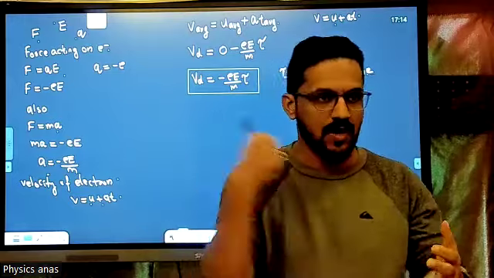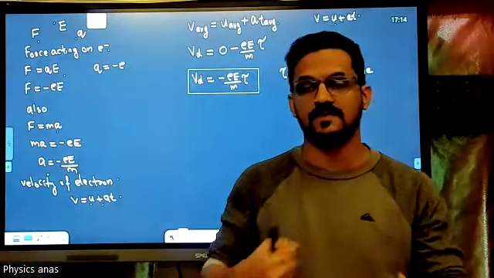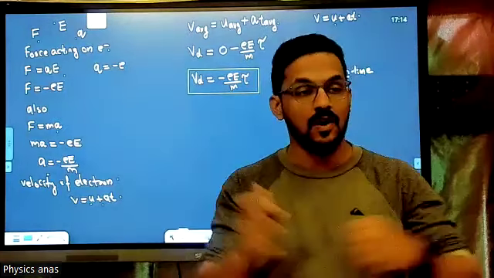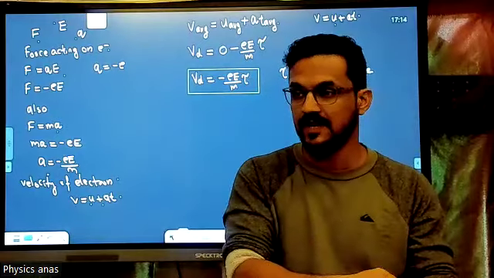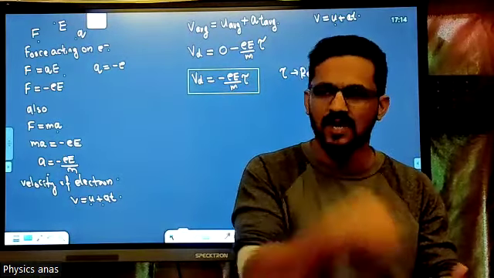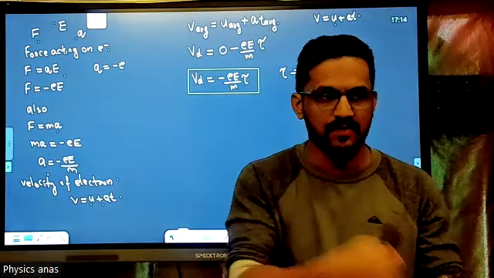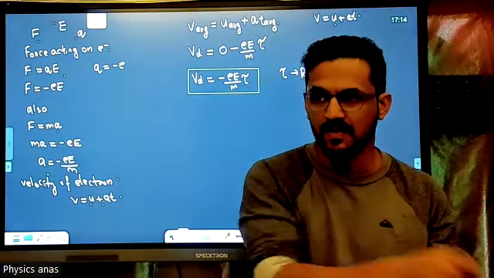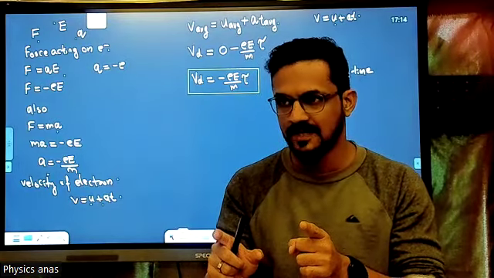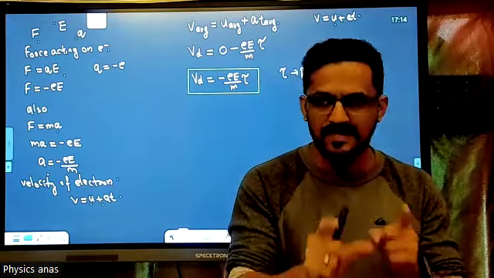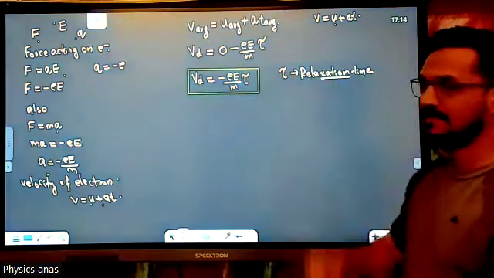Successive means one collision after the other. If the electrons collide, there will be a time interval between the successive collisions. The average of this time interval is called relaxation time.